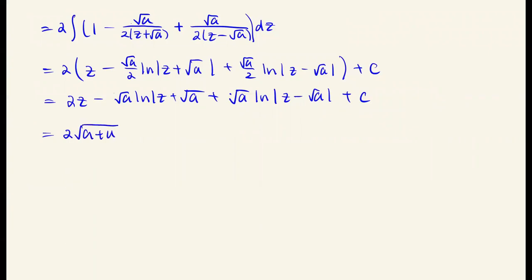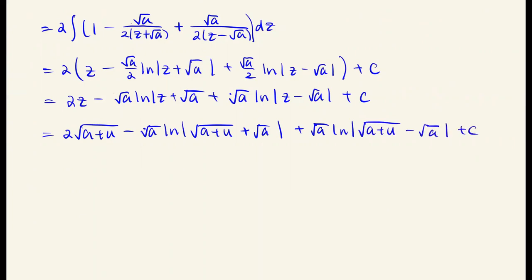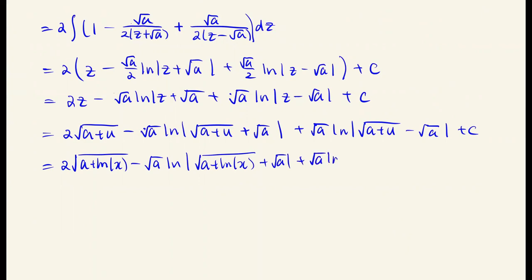So root a plus u minus root a, ln of root a plus u plus root a, and plus root a ln of root a plus u minus root a, plus C. And since u was equal to ln of x, so that's just going to be 2 times root a plus ln of x minus root a, ln of root a plus ln of x plus root a, plus root a ln of root a plus ln x minus root a, plus C.